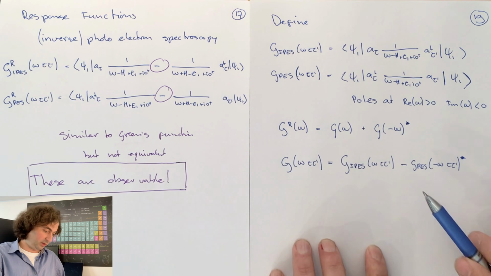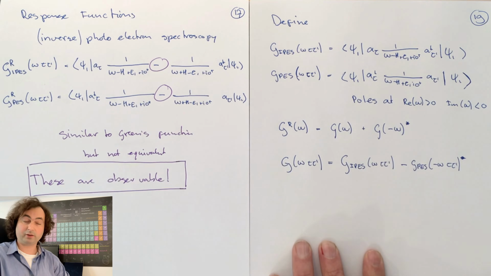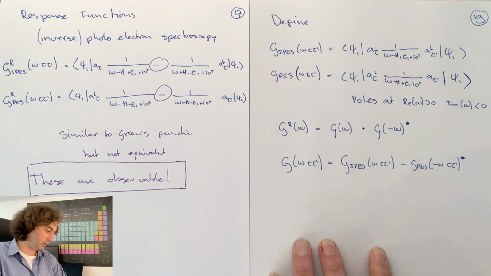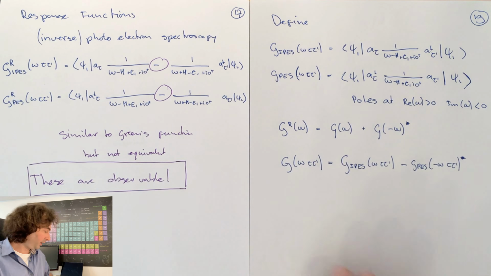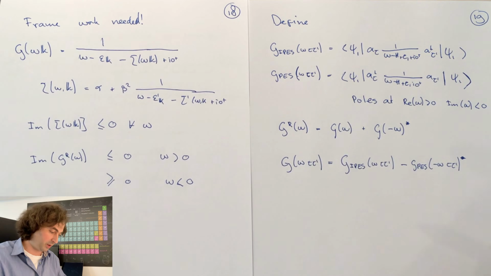And with this we flipped the sign of the part that sits with poles at negative frequency, such that the imaginary part is always smaller than 0, and we can do our nice series expansions.